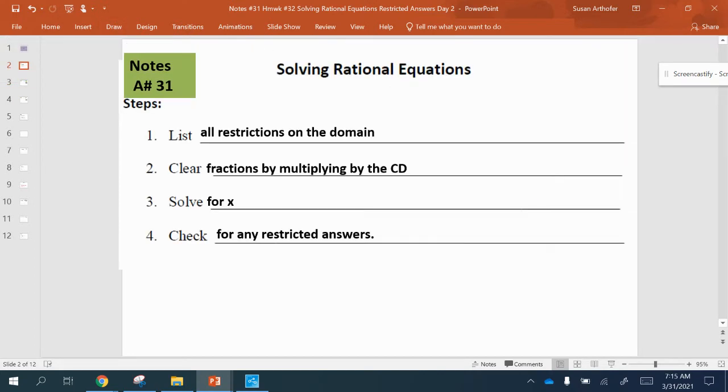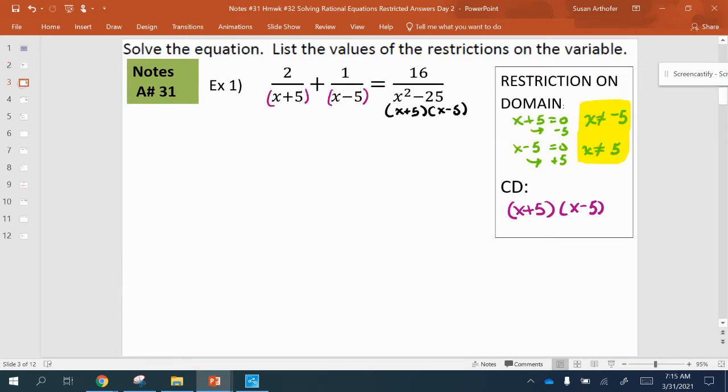Okay, so we listed the restrictions on the domain. Now we're going to clear the fractions by multiplying by the common denominator. You're going to multiply by what's missing. So we're going to compare the CD and the fraction and multiply by what's missing.